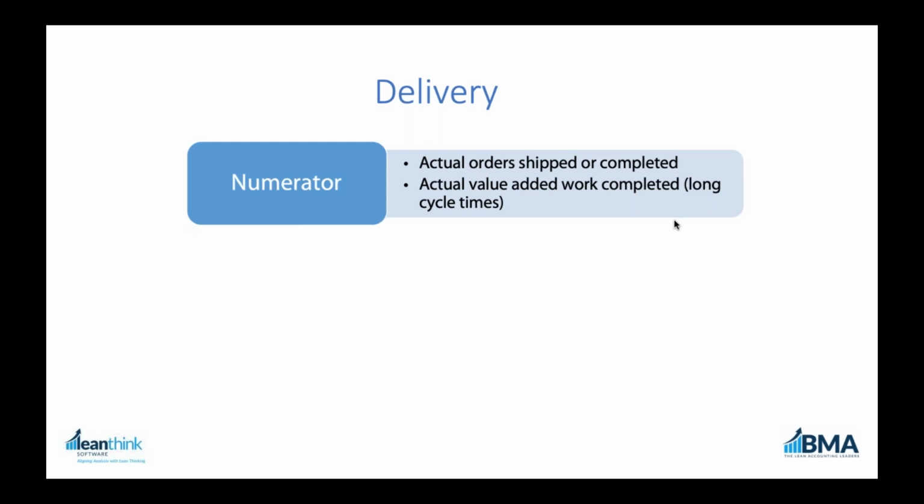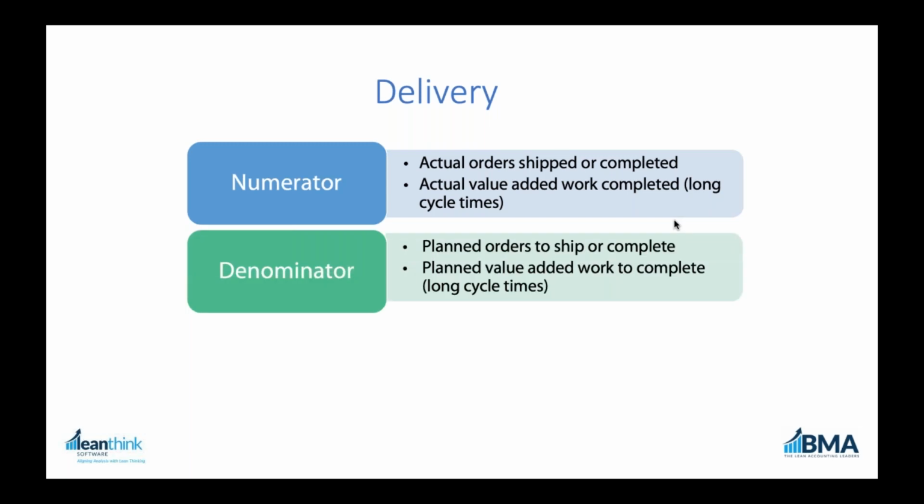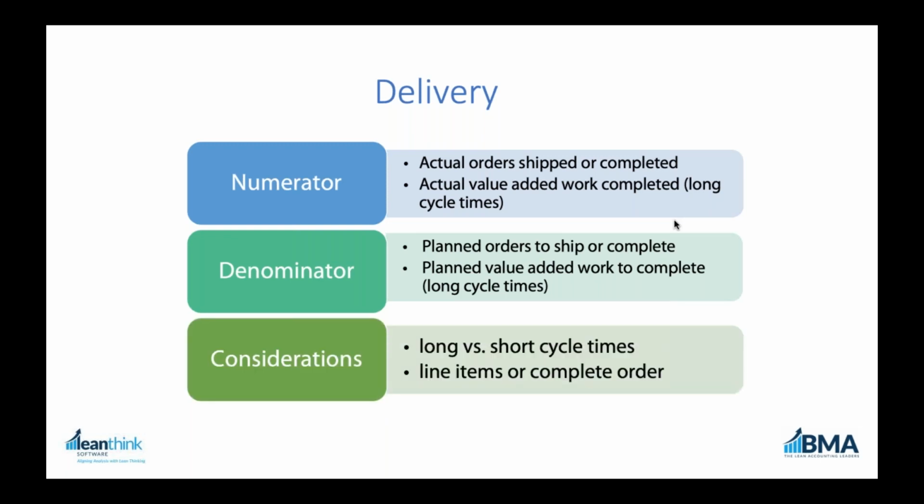Again, in long cycle times, it could be value-added work. Your denominator is planned. So it's actual to plan, and what's the percentage? It's pretty simple. The cycle time issues come into play here also.